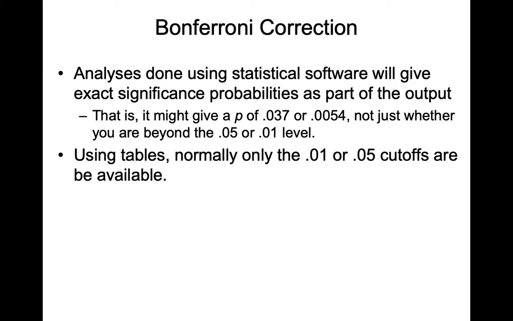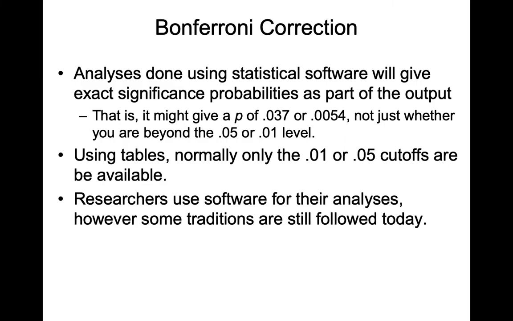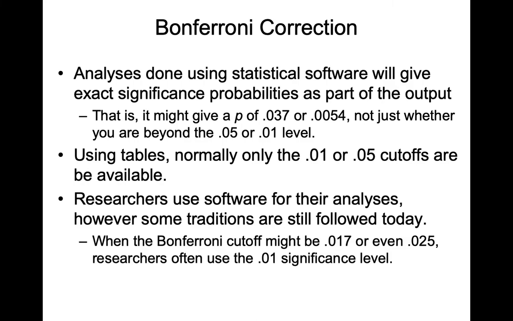So the thing with tables is it's kind of an antiquated thing. We use these statistical tables when we're teaching statistics, but very rarely do researchers rely on tables. They're using statistical software. That being said, there are some traditions that are still followed today. So if you take an alpha of 0.05 and then you divide it, you might get a Bonferroni cutoff that is 0.017 or even 0.025.